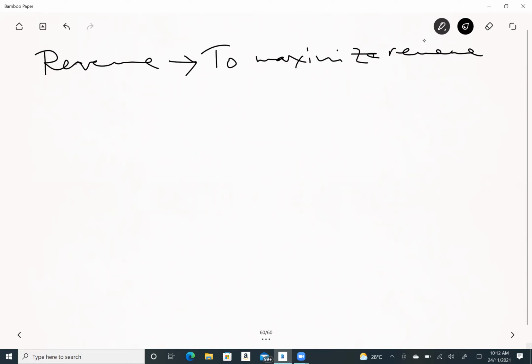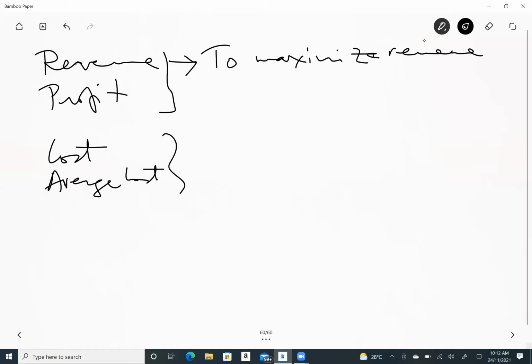So that is for revenue. And similar for profit. Okay, profit you want to maximize. Now, if you look at cost, or sometimes they use average cost, what do we want to do? We want to minimize. Okay, so this is the application.